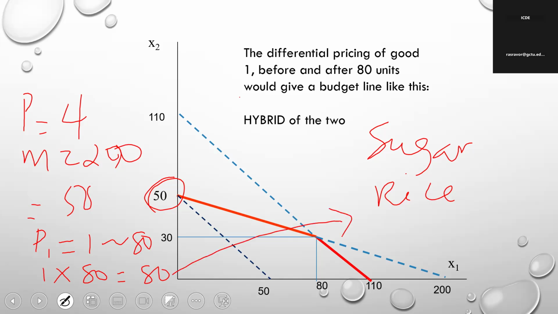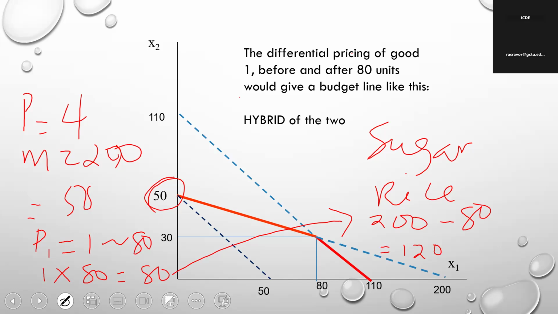What I have left, please follow me, follow this arrow, is 200 minus 80, which is what? 120. And from the analogy I gave, if you want to buy more, government is saying, I won't allow you to buy extra and go and sell it in the market for cheap.